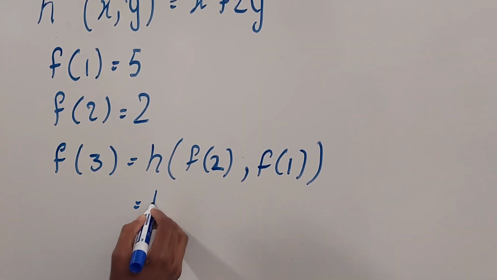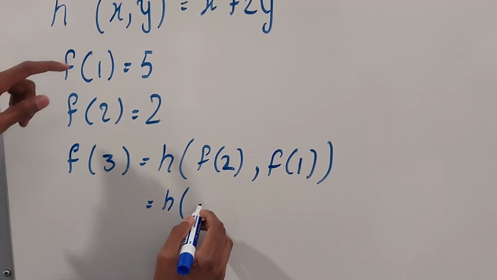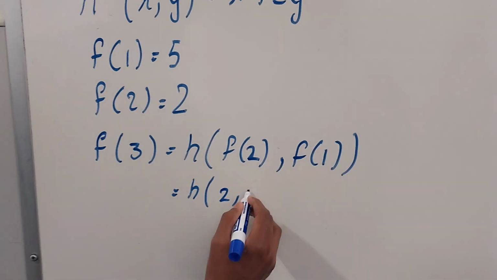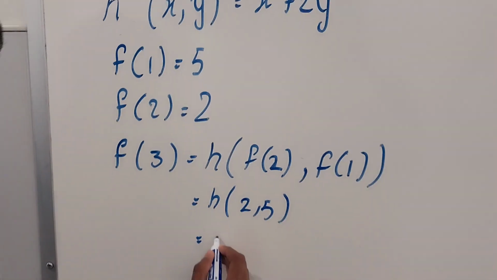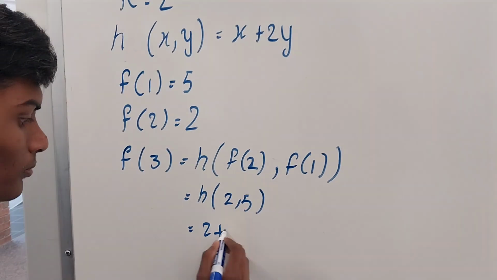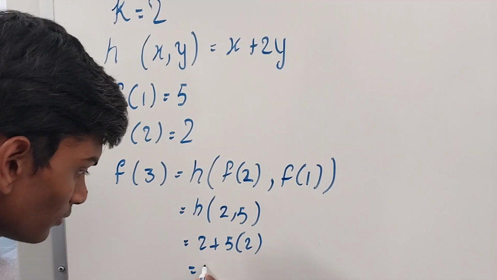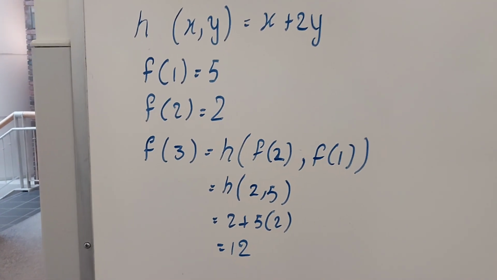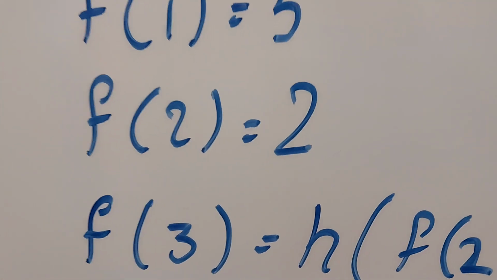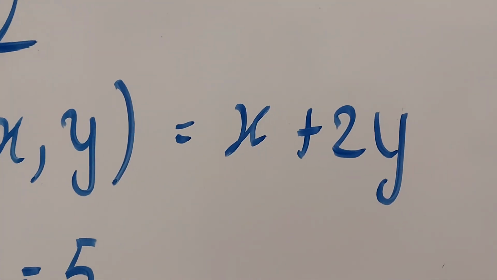So h of f of 2, which is 2, comma, f of 1, which is 5. Okay, and then we're going to plug it into our definition there. 2 plus 5 times 2 is going to get us 12. Great. So what this h function essentially does is it takes a value and adds it to two copies of the previous value.